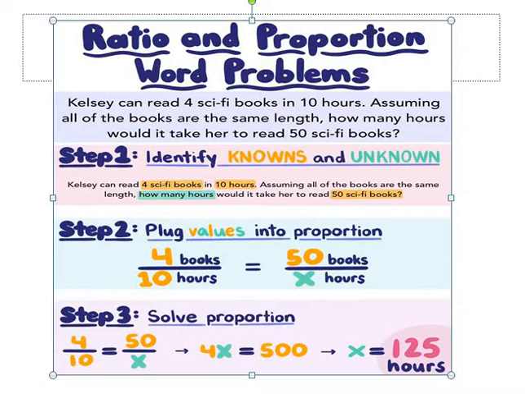So since you divided by 4 on the left side, you have to divide by 4 on the right side. 500 divided by 4 equals 125 hours.